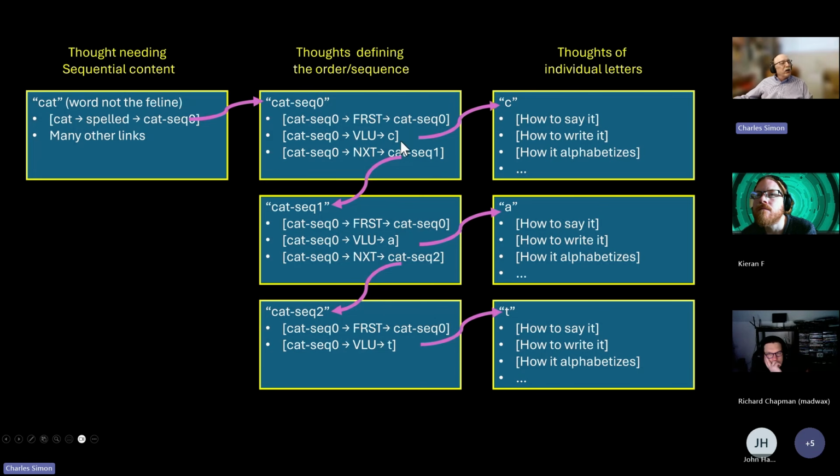And here's the first, and it points to a value of C, and it comes out to a thought of the individual letter C. And the second step in that sequence says it has a value of A, and it points out to this A thought.